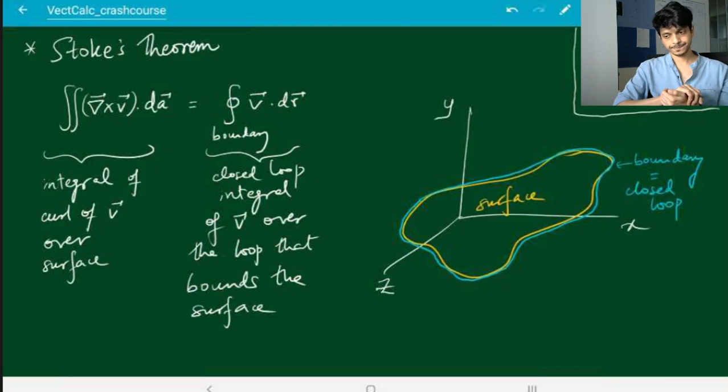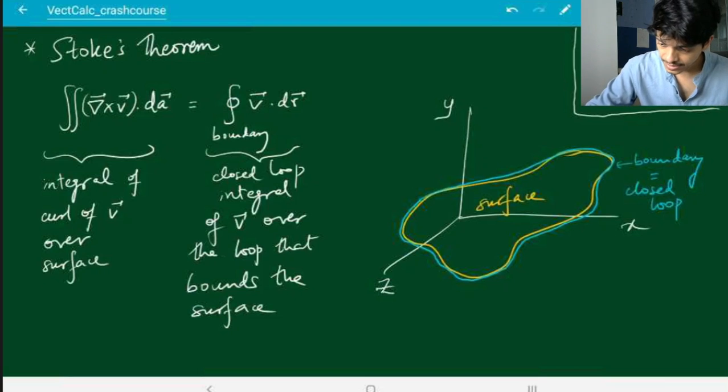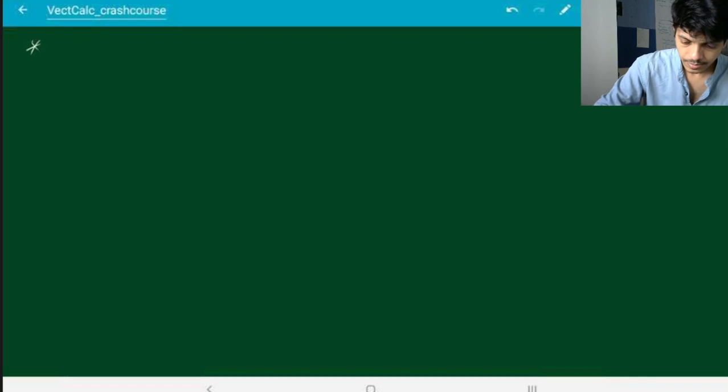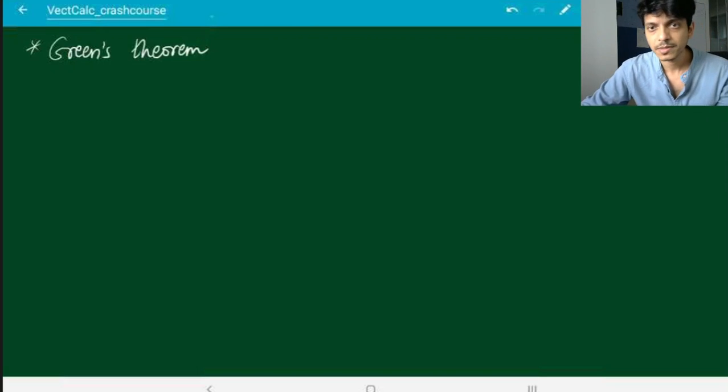And then finally, the third one is something called Green's theorem. Green's theorem is a special case of Stokes' theorem.